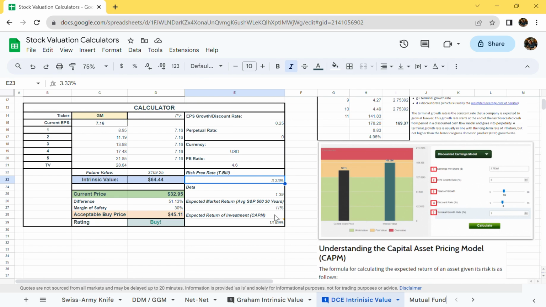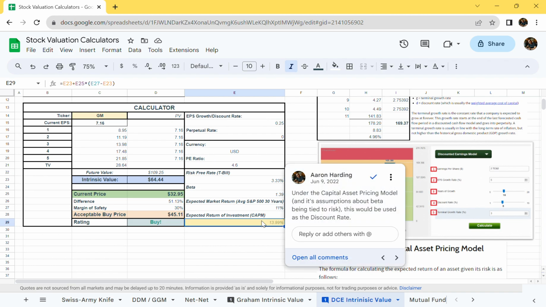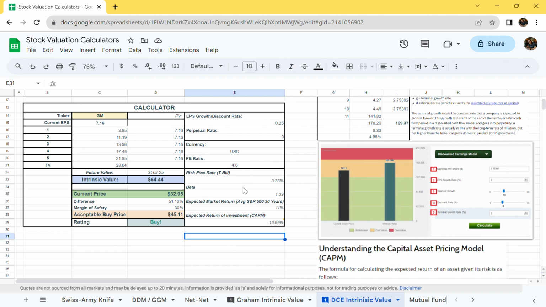So again, before things changed, it was 3.33% on 10-year T-bills, had a beta of 1.39 for GM. Over 30 years, let's say we could get 11%. I think it's closer to 9.89. Then our expected rate of return would be 13.99. So say we use our discount rate, it's going to be 13.99.